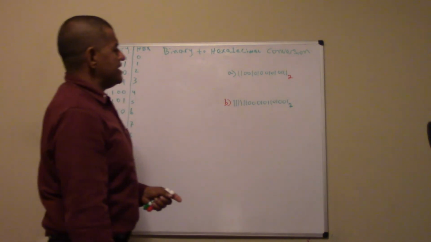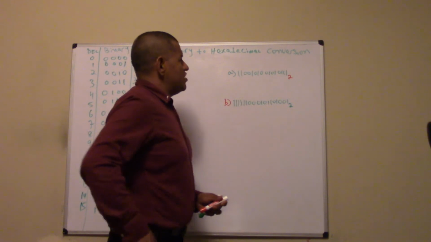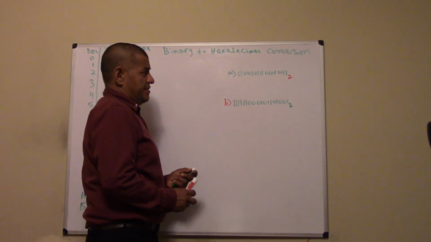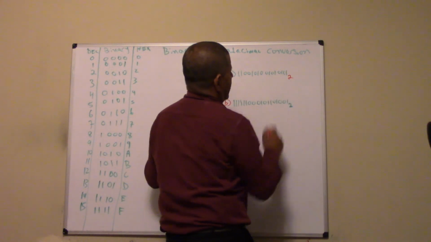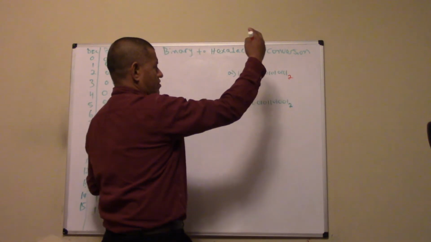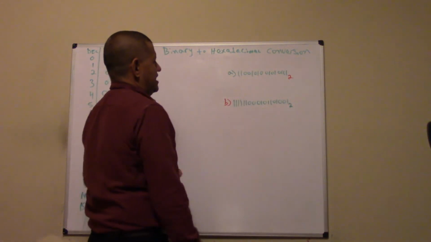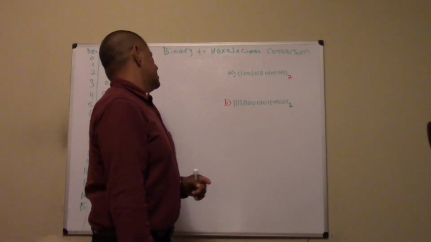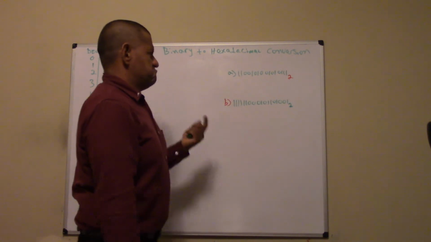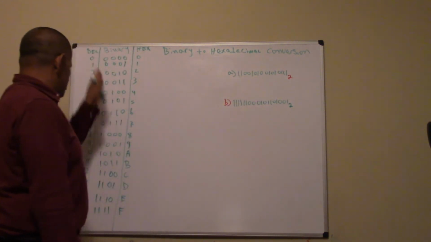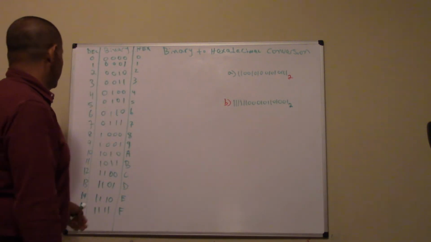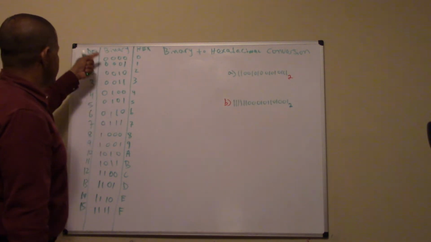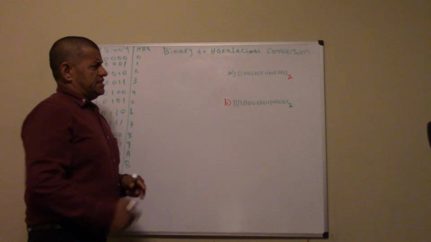In A, what I usually do, and this problem kind of helped me out, is that I start from right to left and I start counting by bits. In problems like this, we use a 4-bit table, so I have 4 bits, all the way up to 16.